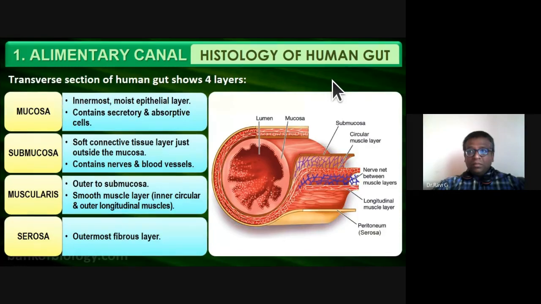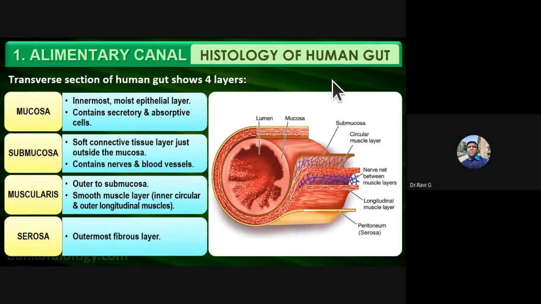You can remember it as MSMS, where M stands for mucosa, S stands for submucosa, M stands for muscularis, and S stands for serosa. So MSMS: mucosa, submucosa, muscularis, and serosa.